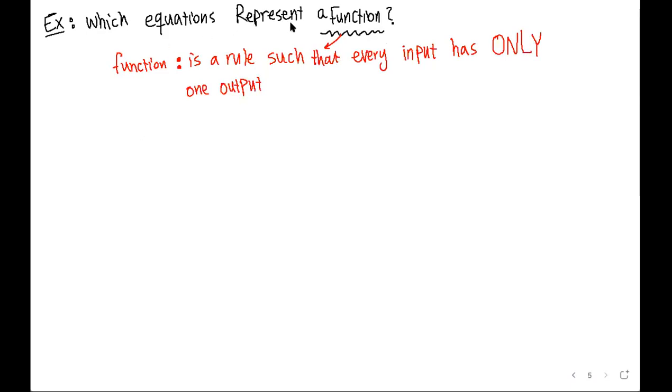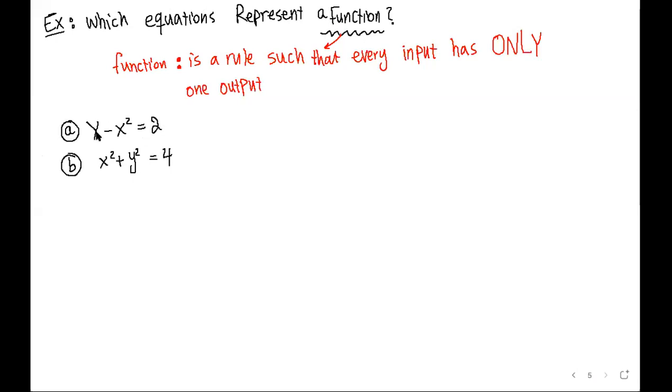Now the example is, which equation represents a function? The first equation is y minus x squared equals 2, and the second one, b, is x squared plus y squared equals 4.